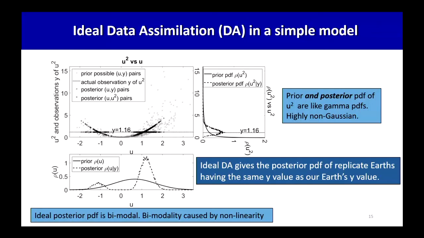So this is Bayes' theorem. And this is what data assimilators are trying to implement, one way or another. That's the basis of it all.